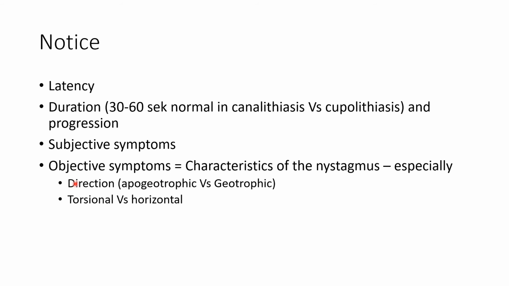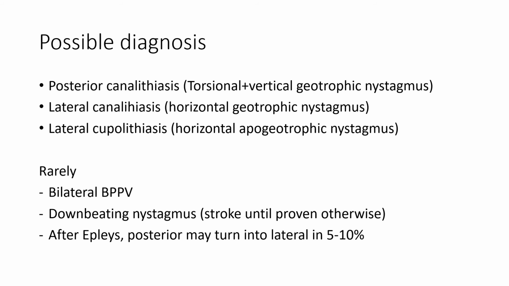So you want to notice the direction, and you also want to know which way it is going. Is it torsional or is it horizontal? The torsional one would be the posterior BPPV, and the horizontal one would be the lateral canal BPPV. And you can get these results. Either you have your posterior canalithiasis, which would be a torsional and usually vertical geotropic nystagmus.